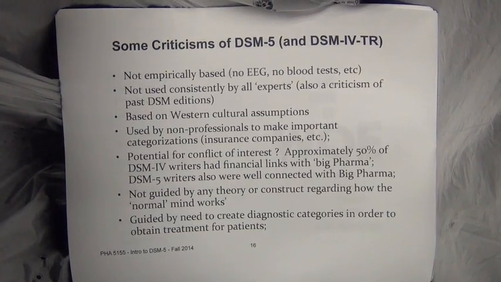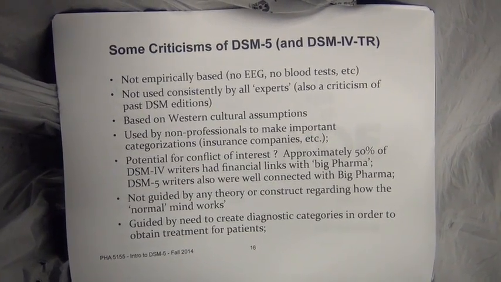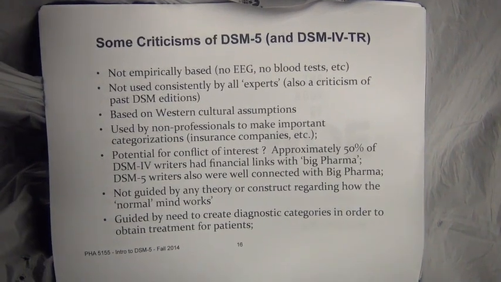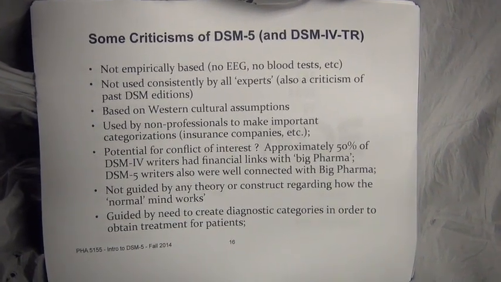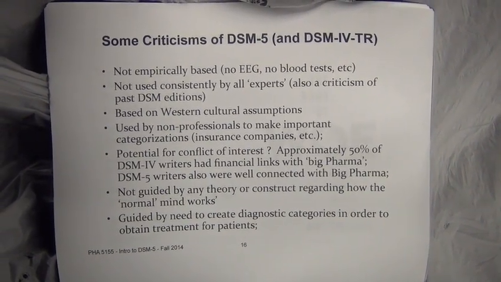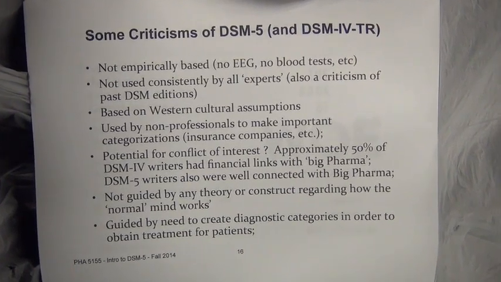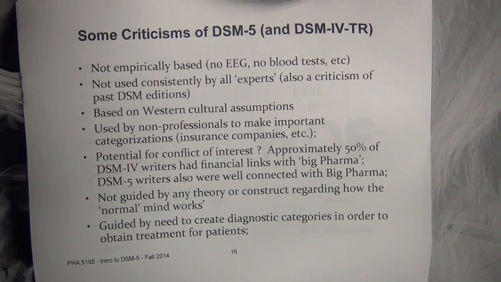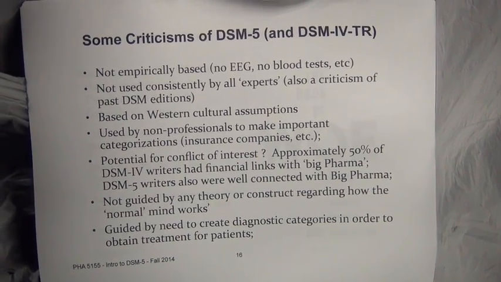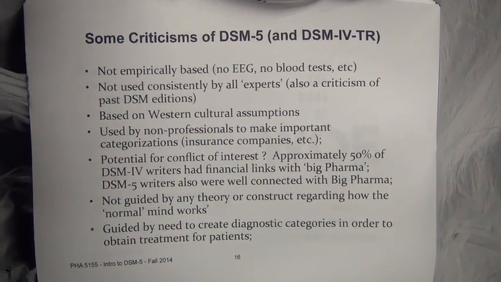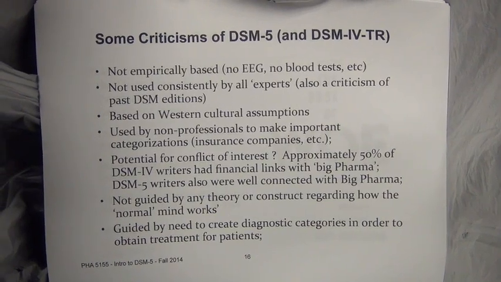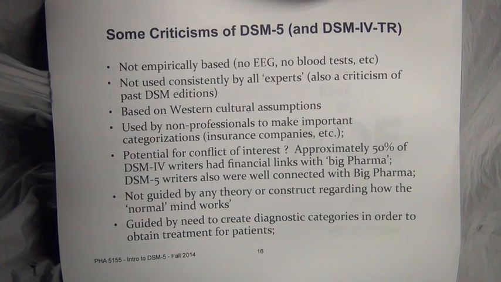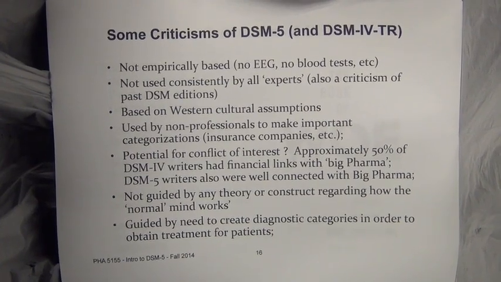So what are some of the criticisms of the DSM-5 and also criticisms of its predecessor, the DSM-4, in its revised version? One of the criticisms is it's not empirical enough. That is, it's really not based on EEG stuff, it's not based on blood tests or any kind of performance measures. It's really based on answers to questions as asked by psychiatrists or psychologists who are trained in the area.